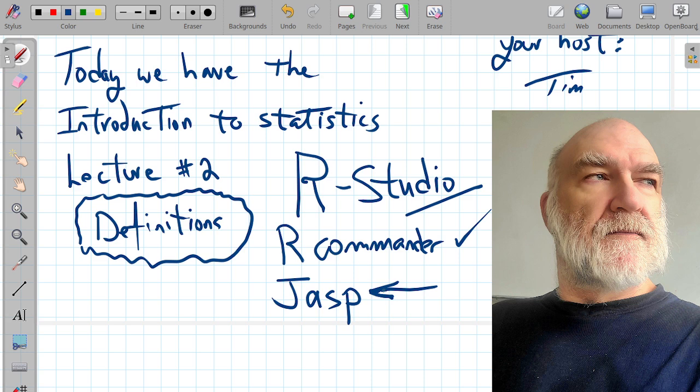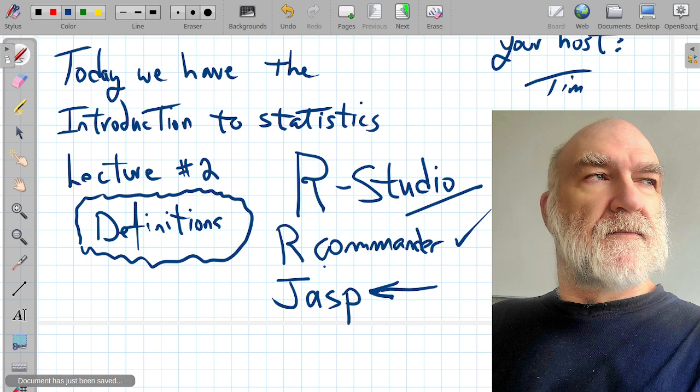It's nicely coded in a much more modern style. If you look at the style of the interface for R Commander, it's very much a 1990s model. And the interface for R Studio is also getting a little bit dated in that it probably looks like something you'd find on a computer 10 or 15 years ago.